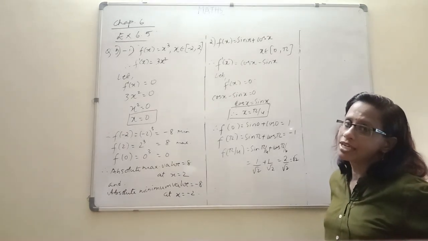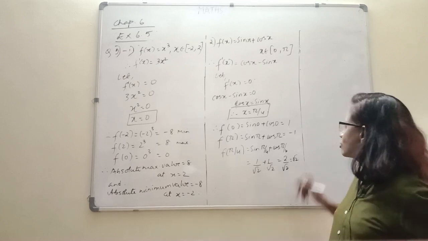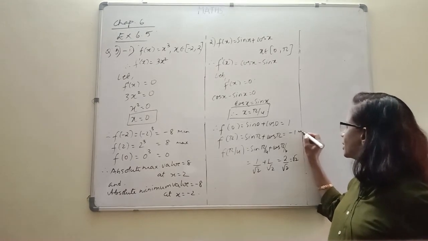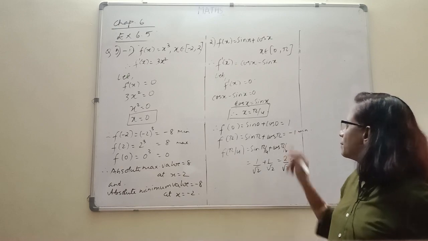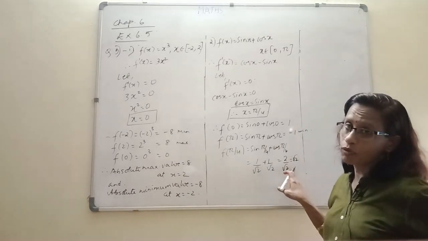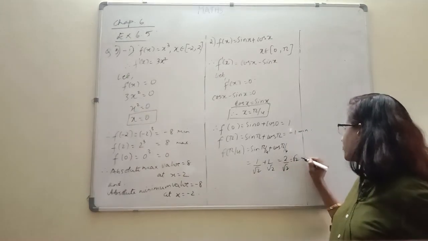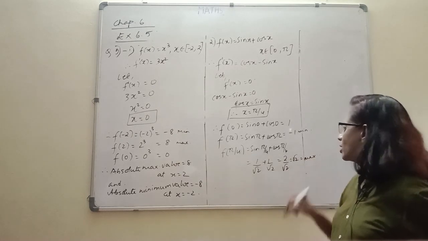We have to decide which is the smallest and which is the biggest. So negative 1 undoubtedly is a minimum value. Among 1 and root 2, root 2 is 1.414. So it is a maximum. So this is your maximum value. That's it.